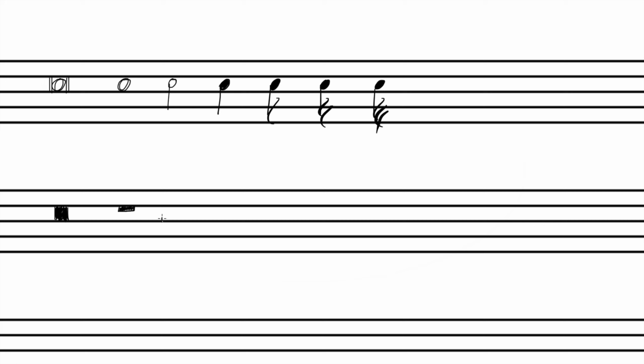Then a minim rest, which is on top of the line. Then we have a crotchet rest, then a quaver rest, then a semiquaver rest, and then a demisemiquaver rest. Again, quite hard to draw. So that's note and rest durations.